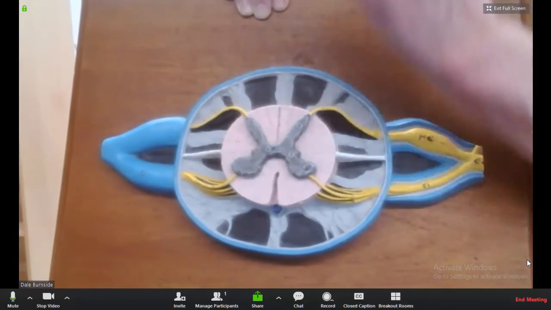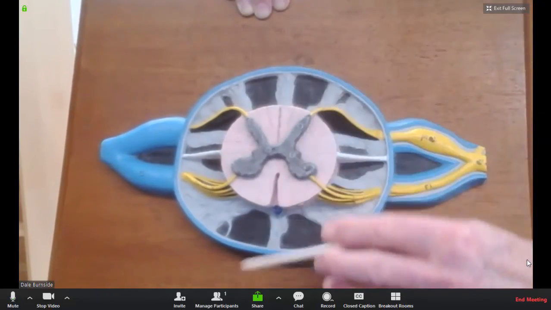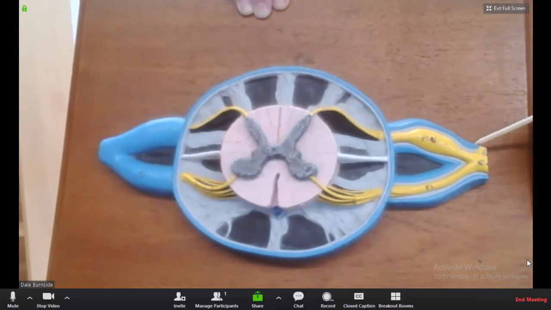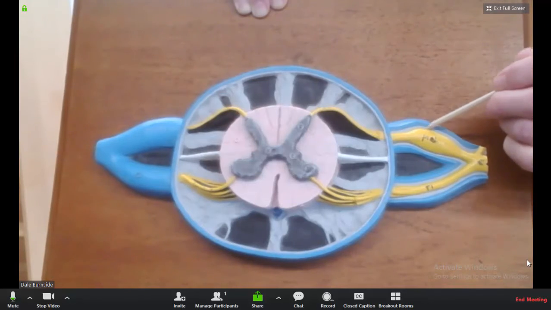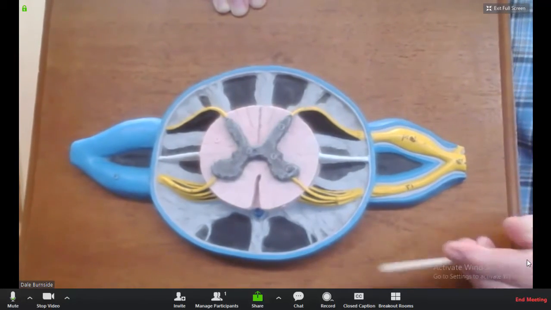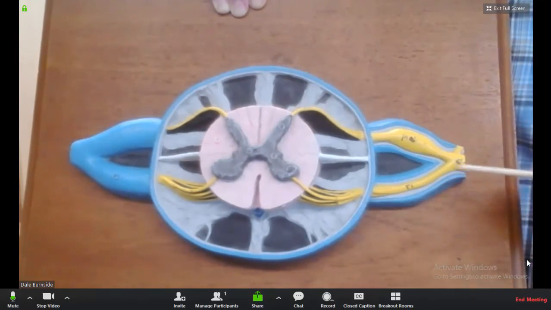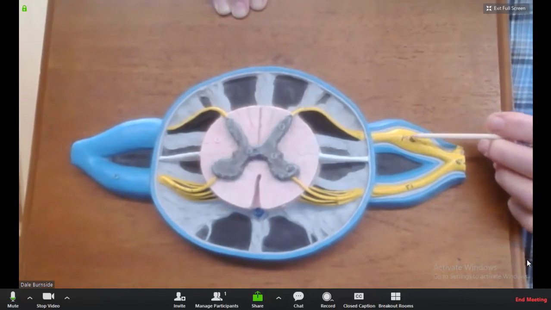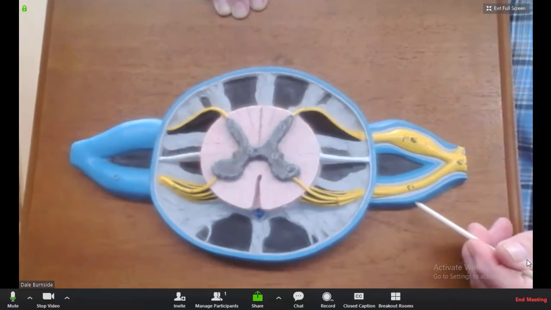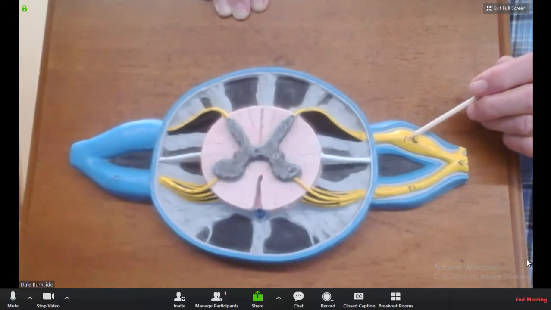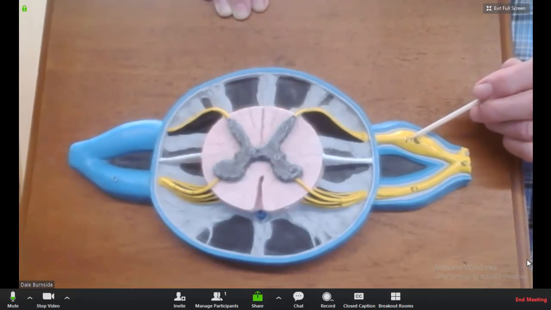Okay, so let's review this. This is a cross section of the spinal cord. The dorsal root is carrying sensory impulses in, and the ventral root is carrying motor impulses out. The dorsal root carries sensory to the spinal cord, and the ventral root carries motor from the spinal cord. This is the dorsal root ganglion.